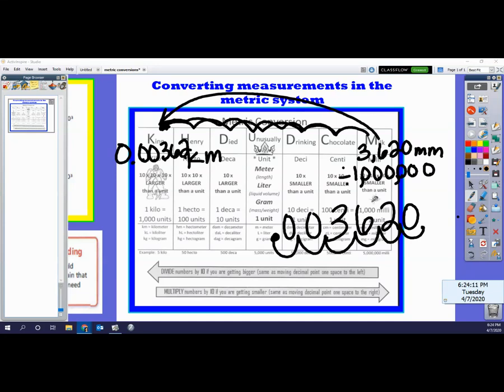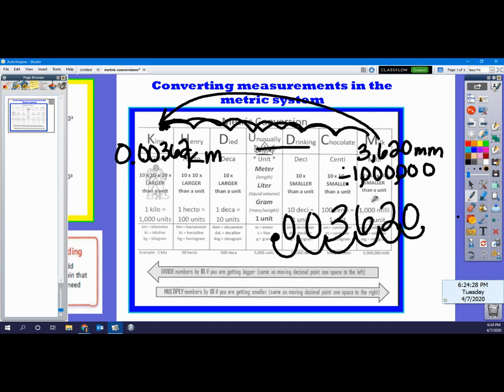Picking up where we left off for part 2 of converting measurements in the metric system. We just converted 3,620 millimeters to kilometers and found out that a lot of millimeters equals not very many kilometers, because kilometers are really, really big.